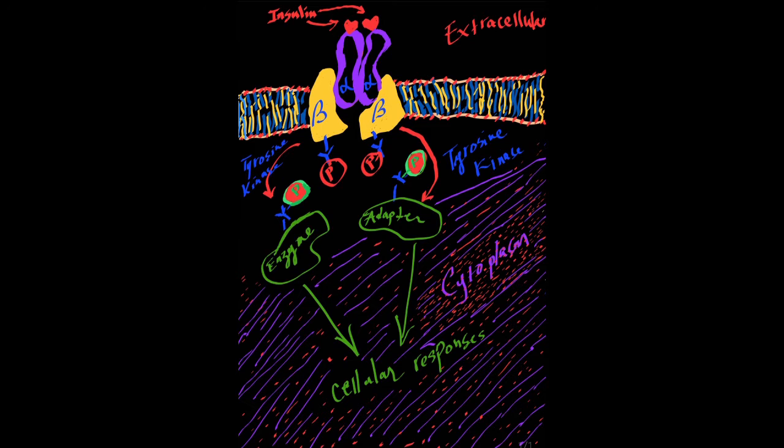So here's insulin. It's going to bind to its receptor, activate the receptor. When it activates the receptor, it activates an intrinsic kinase activity. And that kinase activity, you all remember what kinases do.